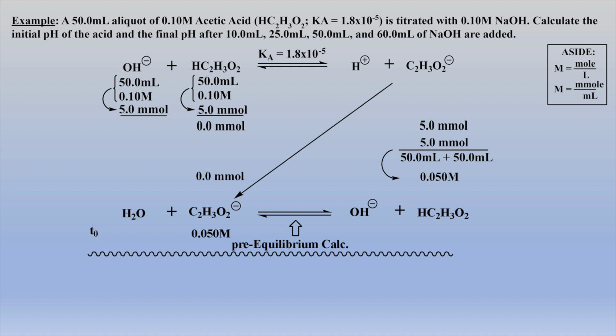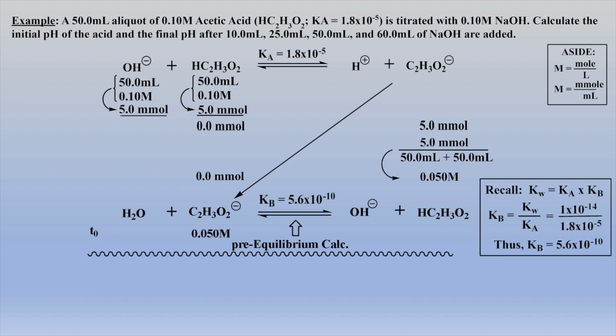Recall we stated previously that the conjugate base of acetic acid, which is acetate, is unstable or high in energy and therefore reactive, or one could simply say it is a strong conjugate base, and we know this due to the small value of Ka for acetic acid. So let's indicate the new equilibrium between acetate and water to afford acetic acid and hydroxide, which will require a Kb for the new equilibrium.